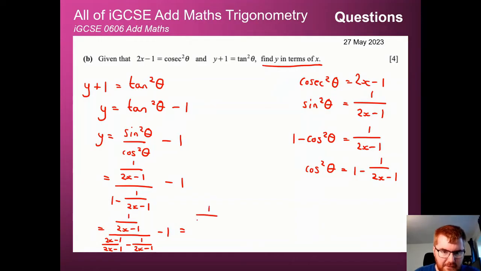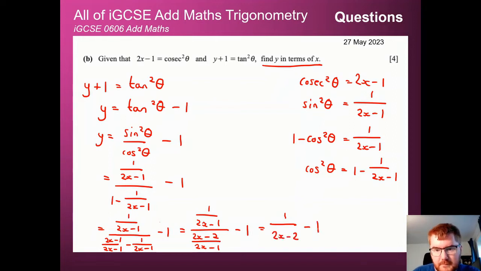That gives us then 1 over 2x minus 1. There we are. 2x minus 1 minus 1 is 2x minus 2 over 2x minus 1, minus 1. And now we do this trick that we saw before here, which is we multiply top and bottom by 2x minus 1. And that gives us then 1 over 2x minus 2, minus 1.